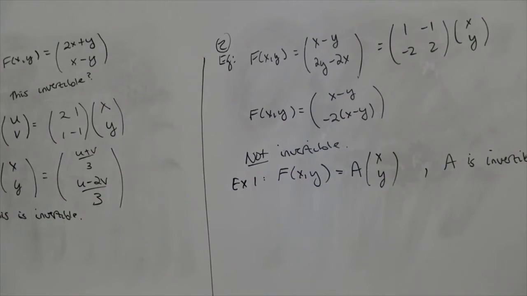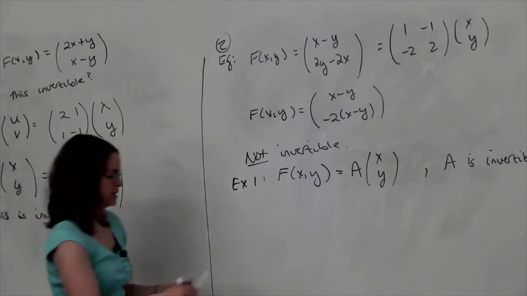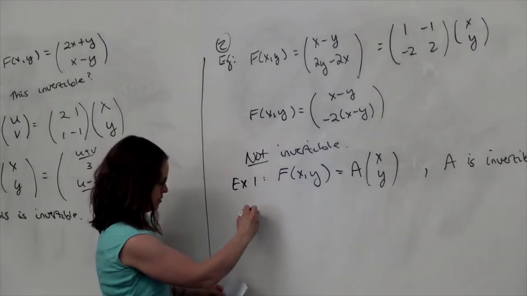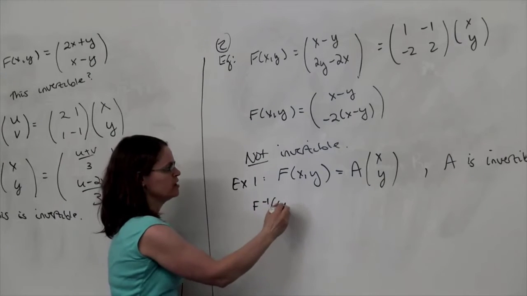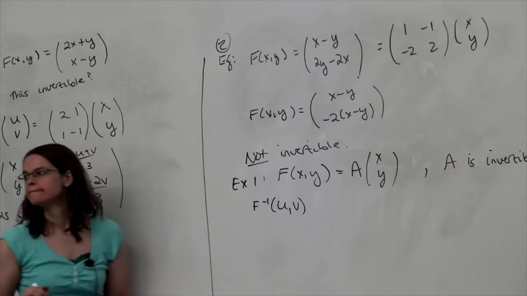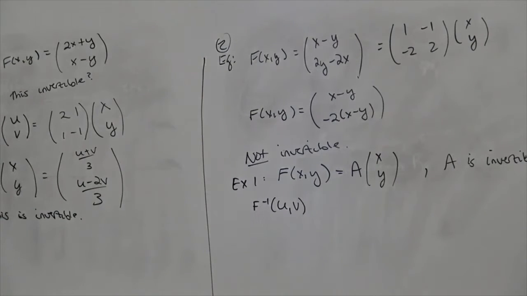Okay, and in this case, if we want to solve for this, so f inverse of, let's say, (u, v), I wrote down the solution here. But this I can also write in terms of the inverse matrix.